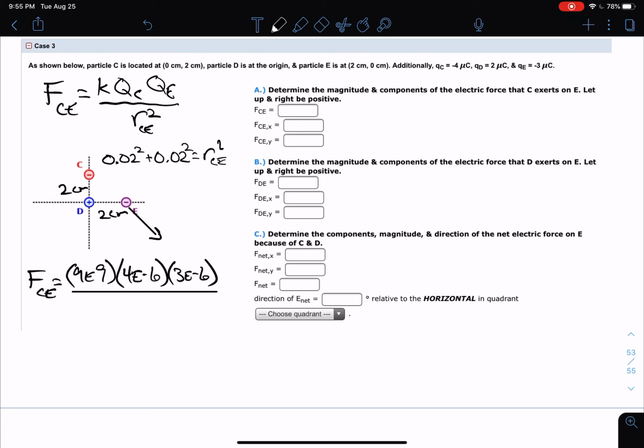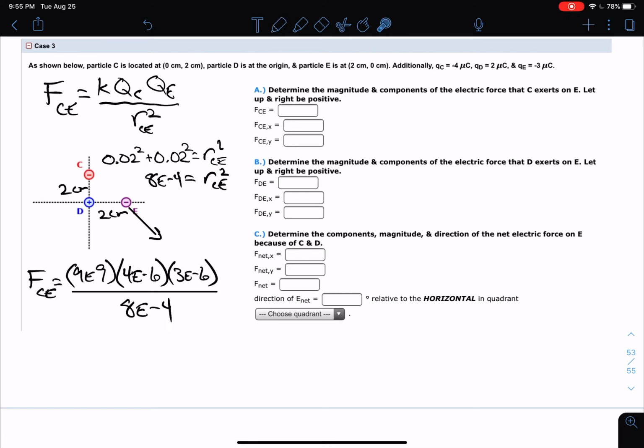Apologies for that mistake there. But now, when I do that, I get 8e negative 4 equals RCE squared. Now I could solve for RCE, but I don't actually need RCE. I need RCE squared. So this is 8e negative 4.